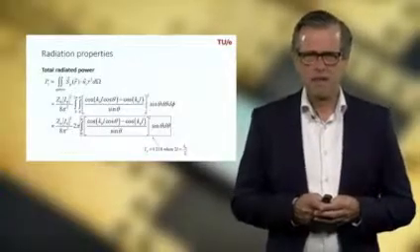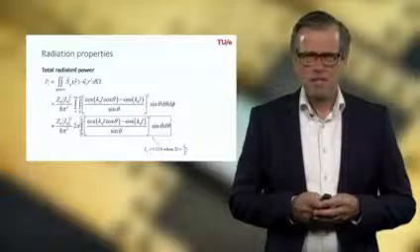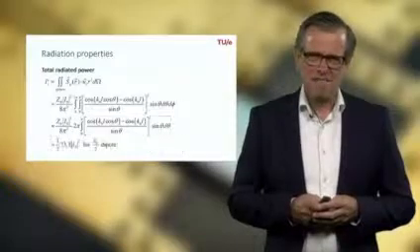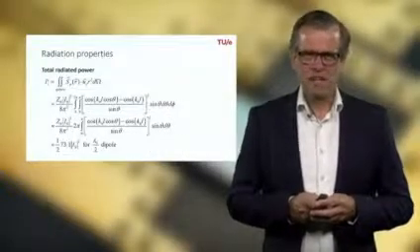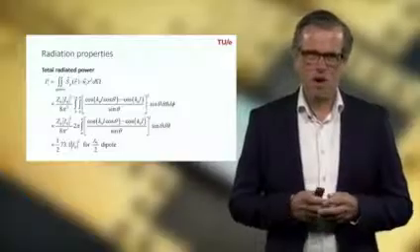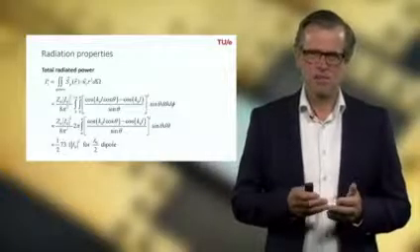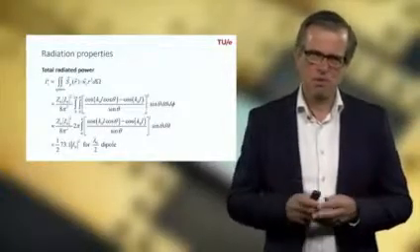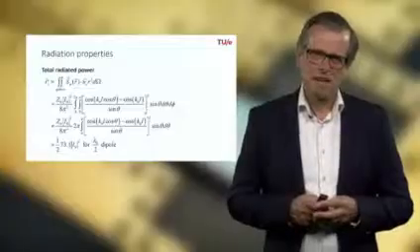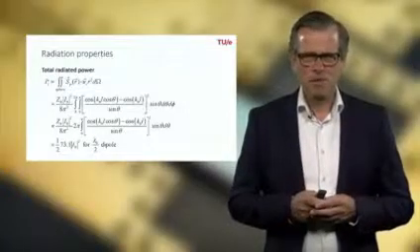And the result is that this integral for the half wavelength dipole is equal to 1.218. And if we substitute that, we find that the total radiated power is equal to half times 73.1, and that's a very important number, times the absolute current squared.